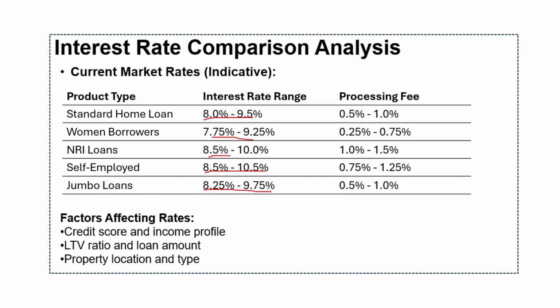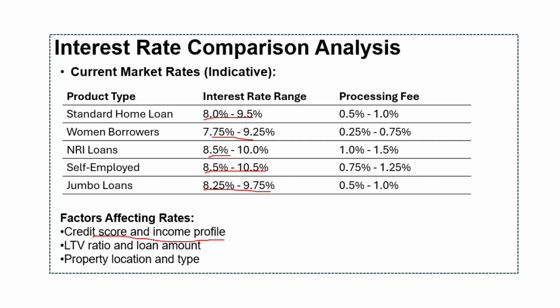So, the factors affecting these rates are not just this, but beyond that. Credit score also impacts, the income profile also impacts the kind of loan rates we are getting. For example, a credit score of 750 above can reduce the rate by 0.5 to 1%.